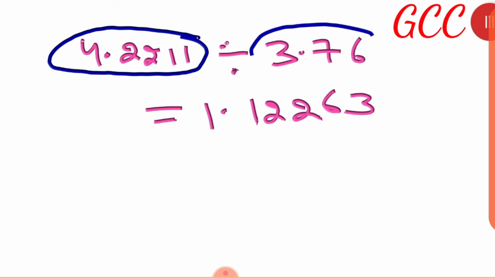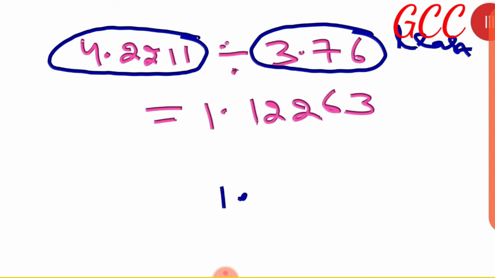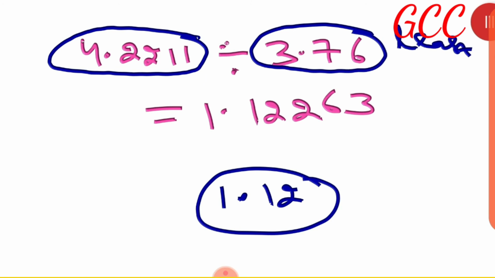Here how many significant figures are there? 3. So in the answer, what will come there? What is the least? This is the least. Then the answer will be 1.12. Okay, 1.12 means 3 significant figures. Is that clear?